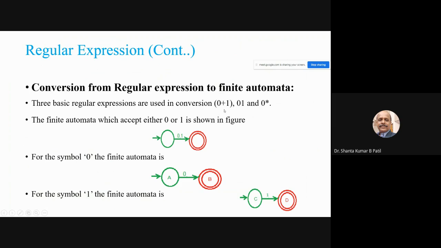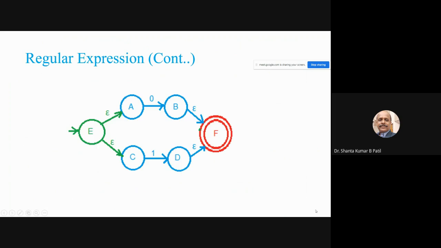If you want to get the finite automata for 0 plus 1, we need to join these two finite automata. To join them, two more extra states are required, E and F, and we are joining these two finite automata without disturbing the regular expression 0 plus 1.